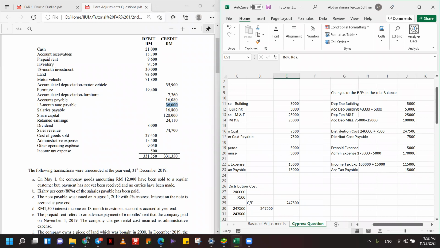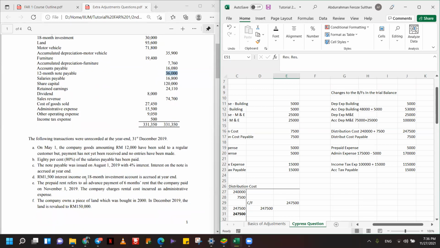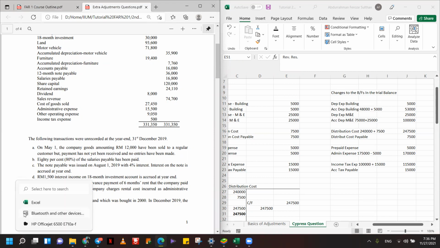So you can debit other operating expense by 600 and you can credit accrued interest payable. Was that clear? Did you understand how I did that? Was it understood? Yes. Yeah. All right.